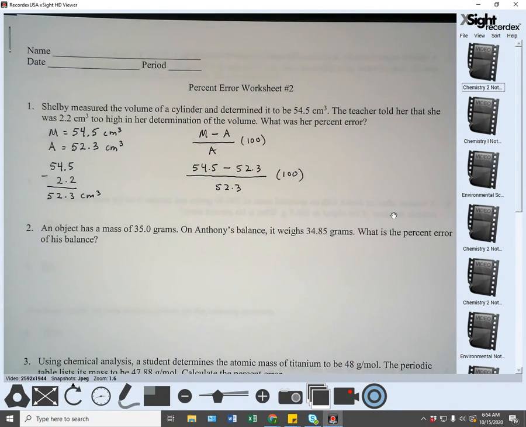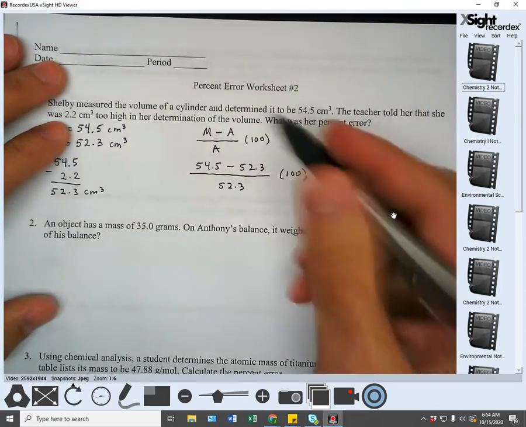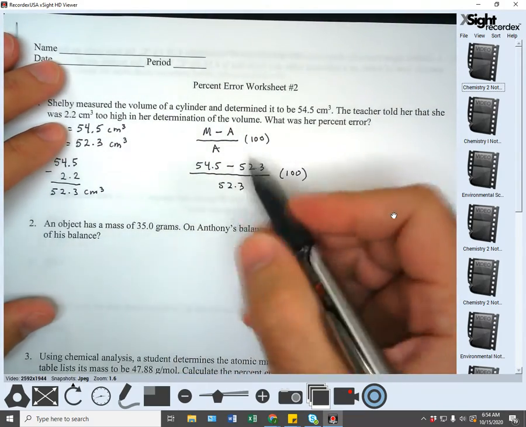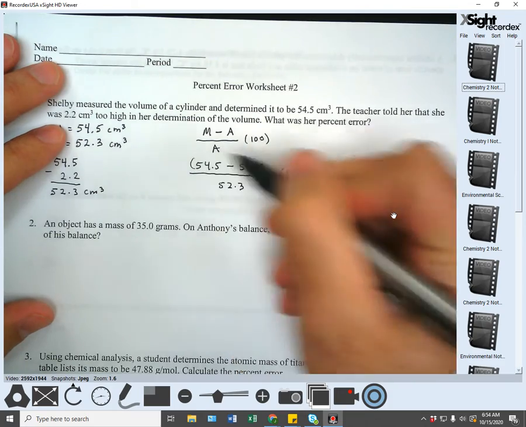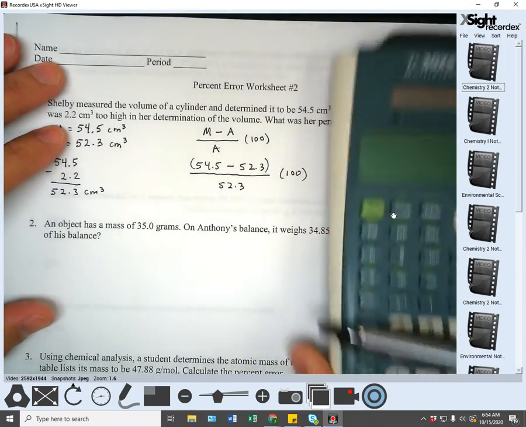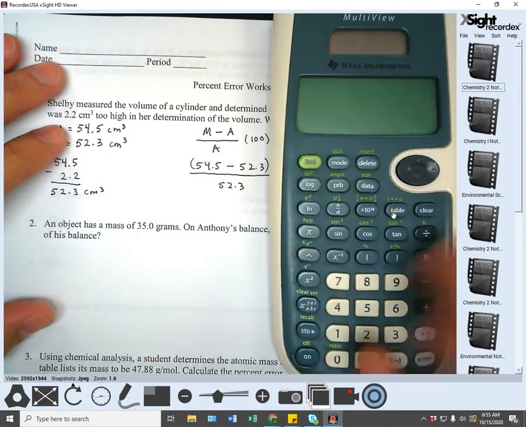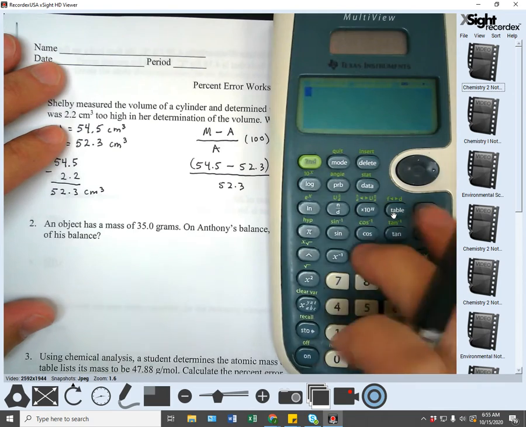Now, when you throw this into your calculator, you have to be careful. In reality, the way you want to look at this is that the top part, in parentheses, you have to do the subtraction first. So when I throw it in, you can either do that first and then plug that number in, or if you want to do it all together, you can just put parentheses around that.